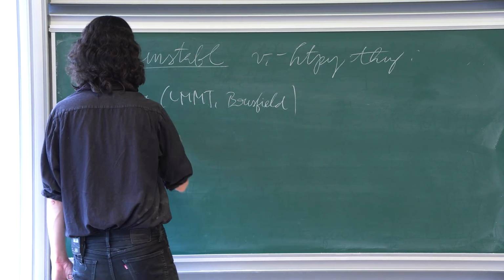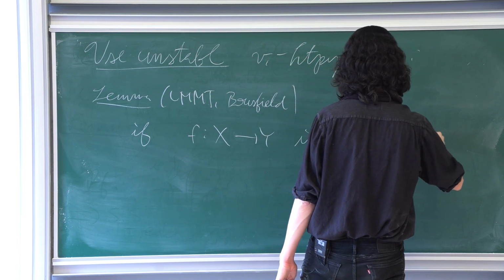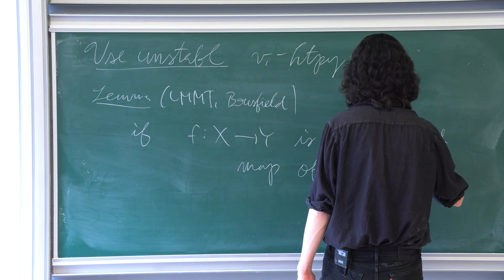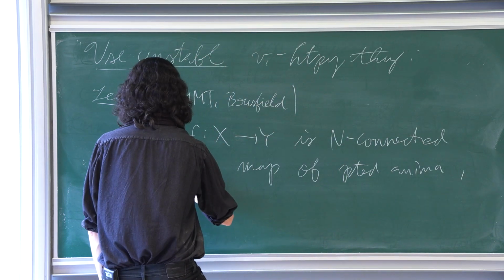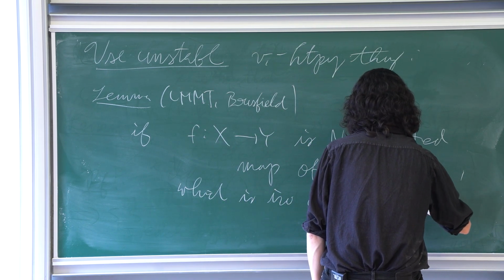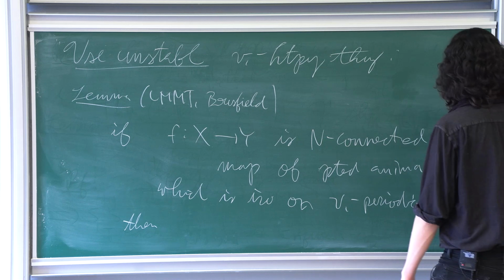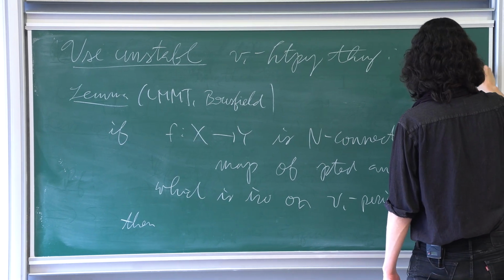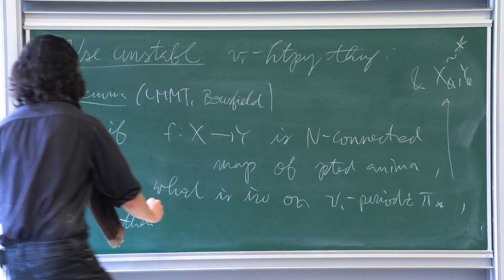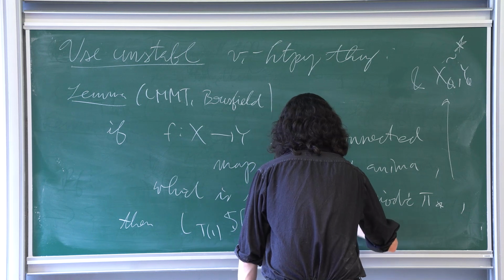If f from X to Y is an n-connective map of pointed anima, which is an isomorphism on V1 periodic homotopy, and let's say n is torsion, and X_Q, Y_Q are contractible, then L_T1 sphere X to L_T1 sphere Y is an isomorphism.